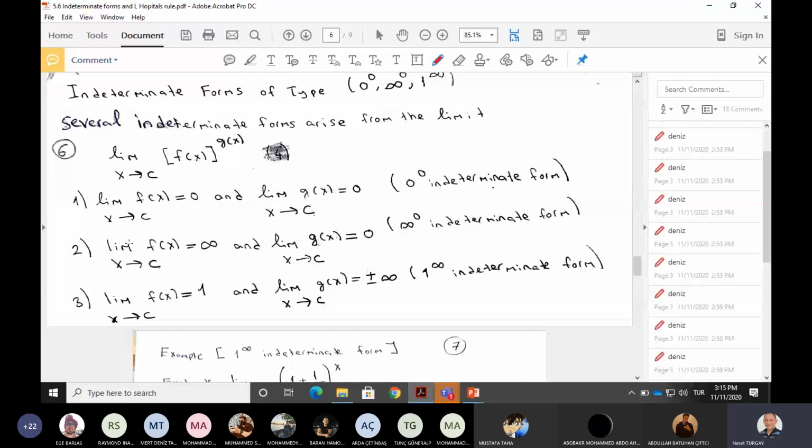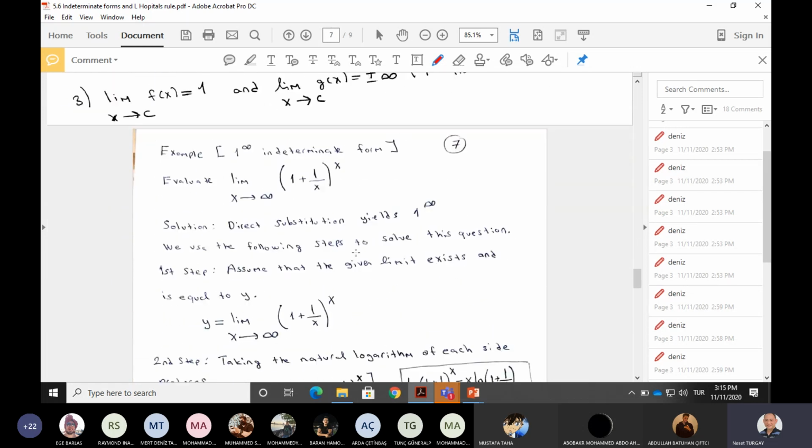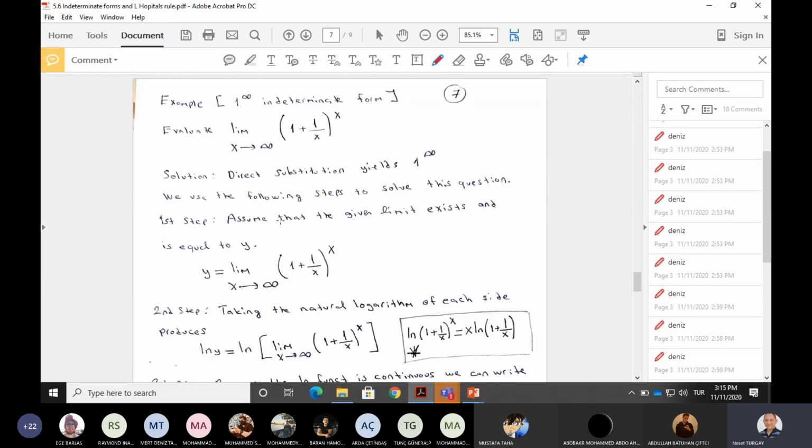The other one says that the limit of the base is 1 and the limit of the exponent is plus or minus infinity, then this is also an indeterminate form. Now, what do you need to do if you have such a case?